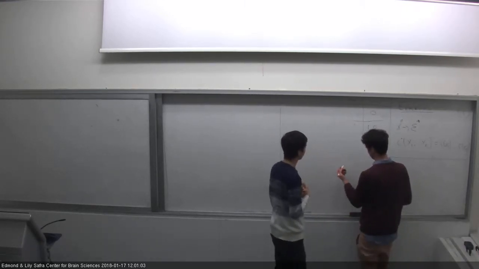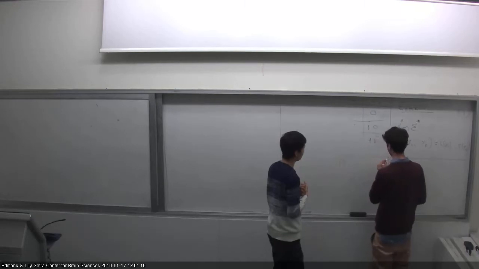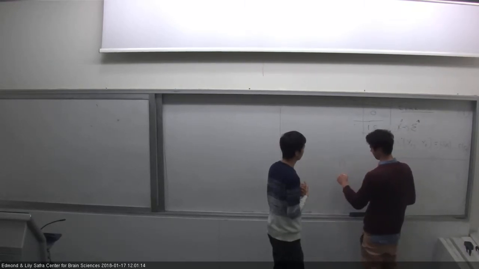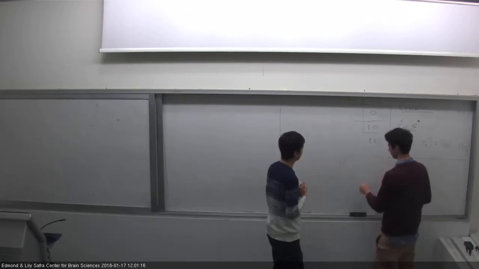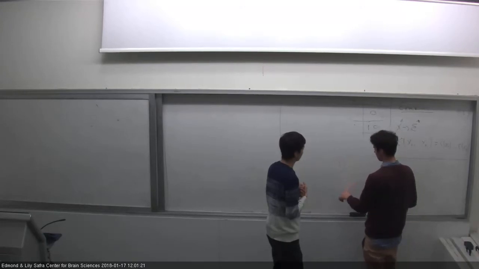For example, rainy is something like 0, 1, 1, 0, and raining is 0, 1, 0, 0, and stuff like this.